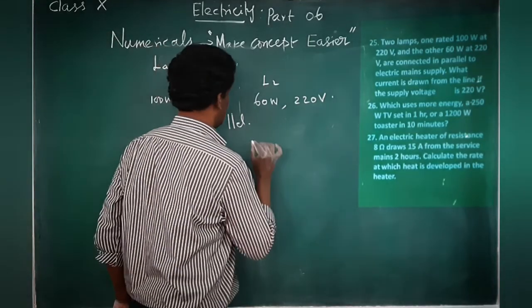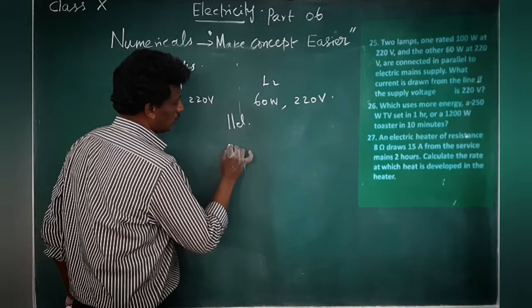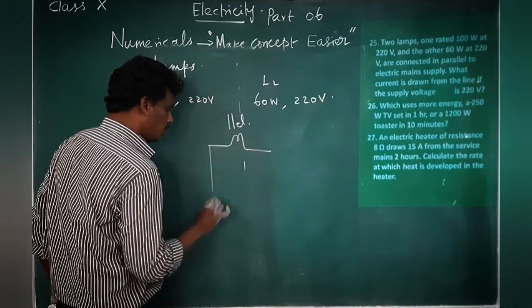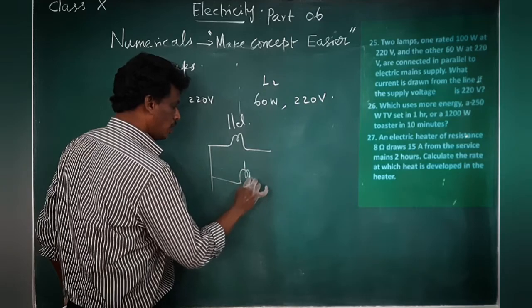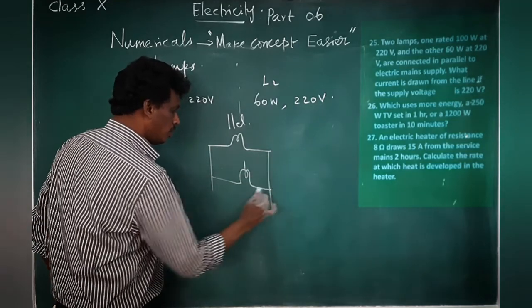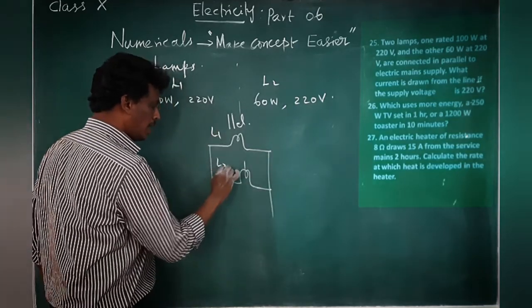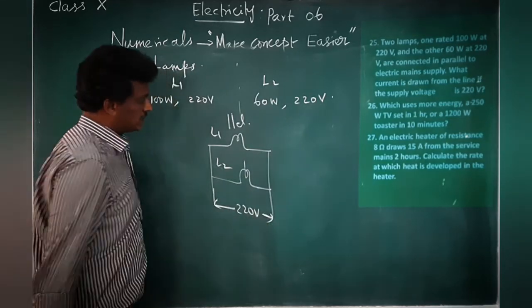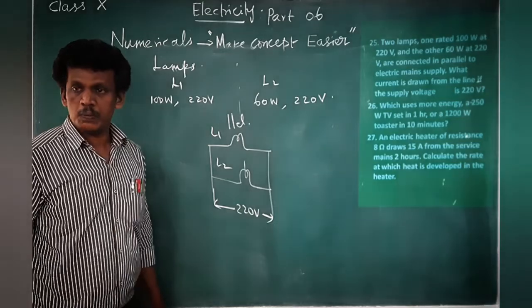Yes, two lamps are there. This is one lamp, another lamp. Lamp 1, lamp 2. What is the source? 220 volt. Yes. The diagram is clear to you?